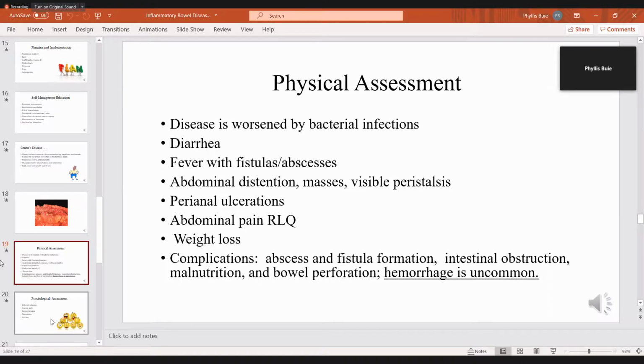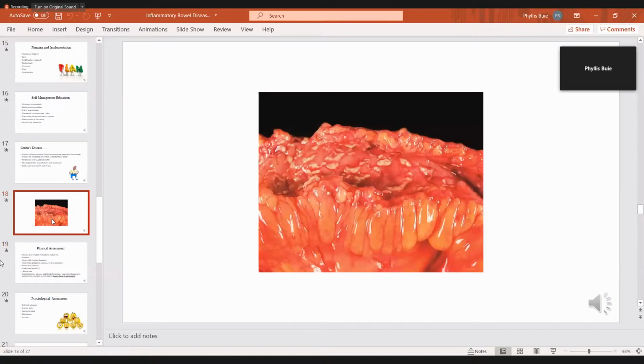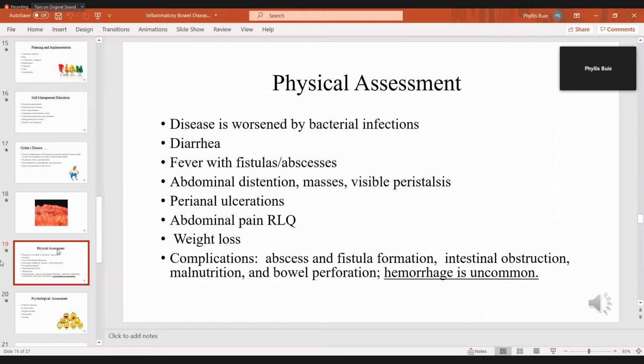That's going to make their Crohn's disease worse. They're going to have diarrhea. They may present with fever because of the fistulas and the abscesses, because if you go back and look at the previous picture, you see all of those little cracks and crevices in there. Those are prime sites for infection to set up.